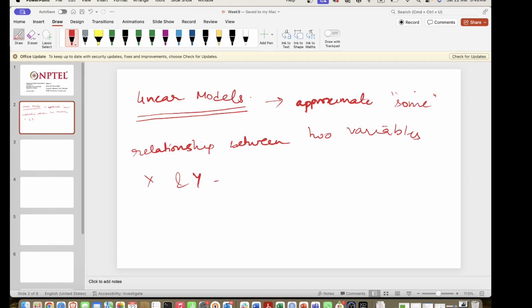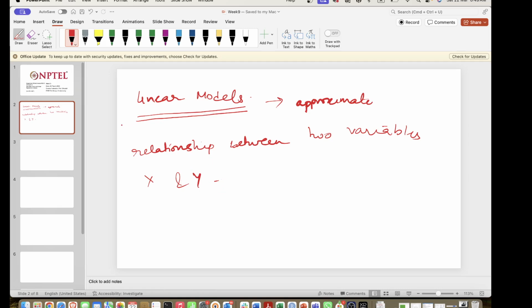So with the help of linear models we would be able to approximate the relationship between two random variables x and y.